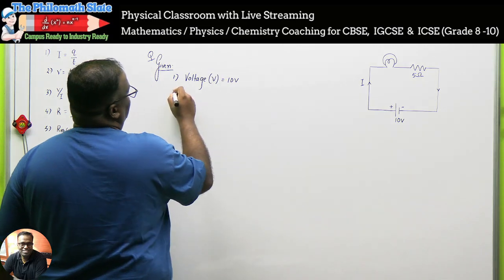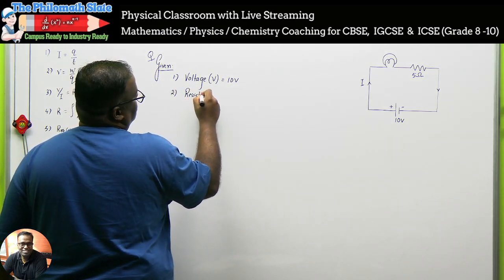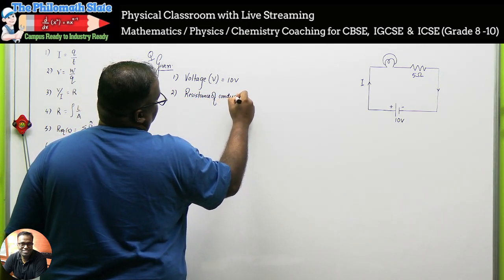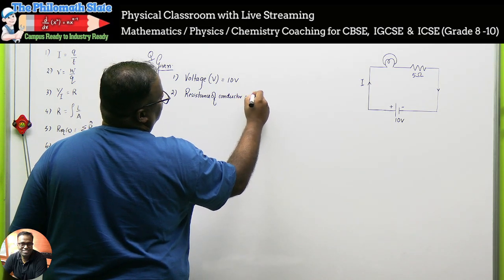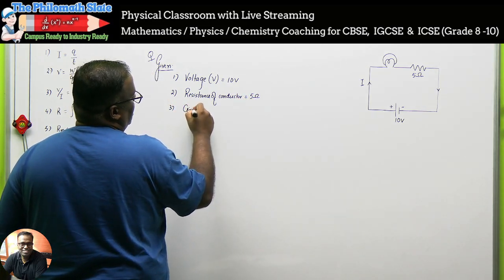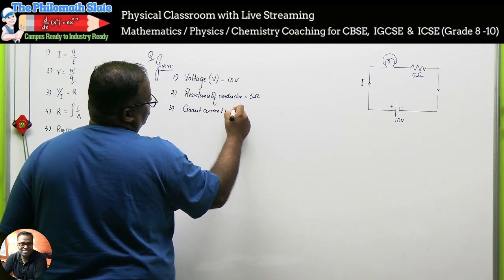This much is given to us. 2, resistance of conductor is equal to 5 ohm. This much is given. 3, the circuit current is I ampere. Circuit current is equal to I.